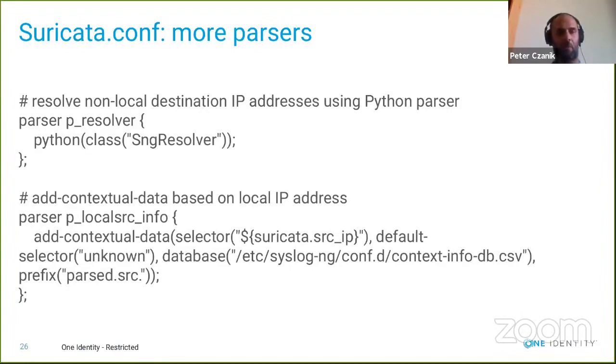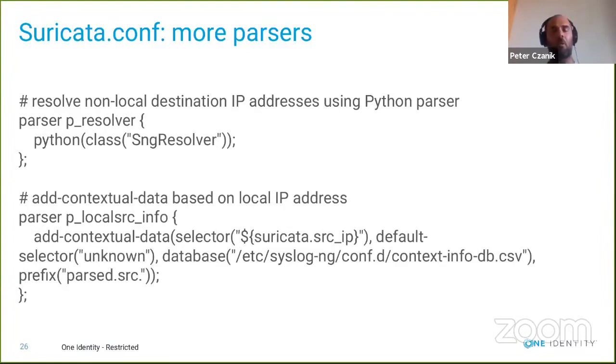So here we have a list. We take the source IP address as a data selector, and based on that, we add a few more pieces of information from an external CSV file.